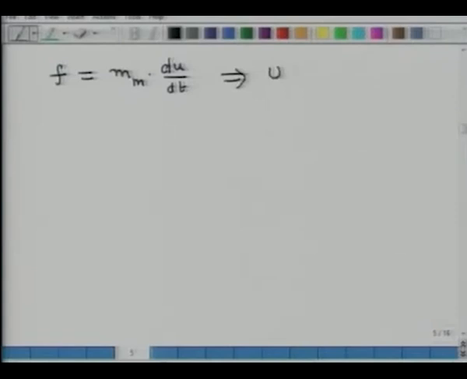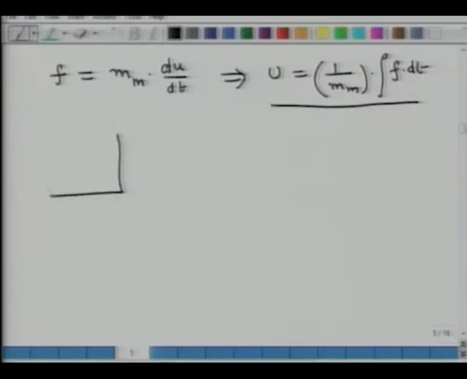So I get u equals 1 over m times the integral of f dt if I integrate it. So again, this is looking similar to the relation as you have in a capacitor. So the equivalences are preserved amongst spring is similar to an inductor, mass is similar to a capacitor, and a dashpot is similar to a resistor.